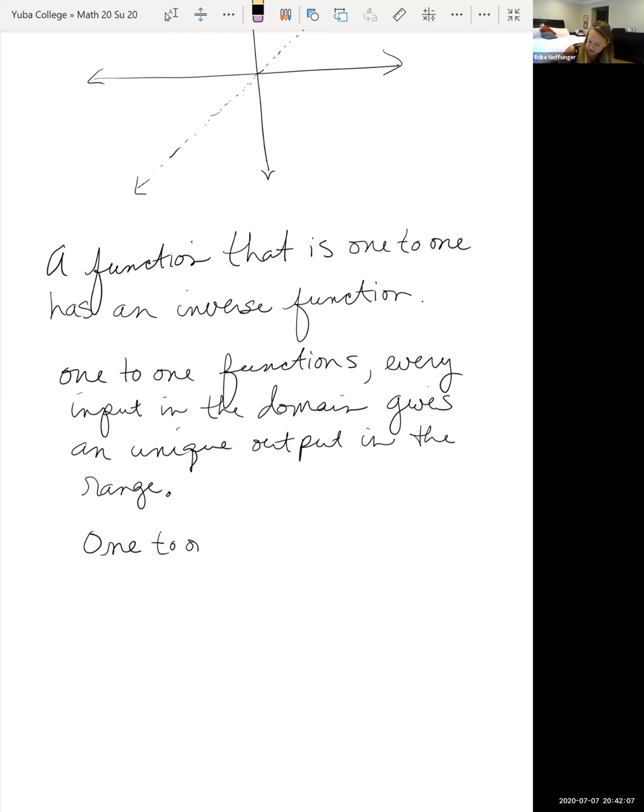One-to-one functions must pass the vertical and horizontal line test.